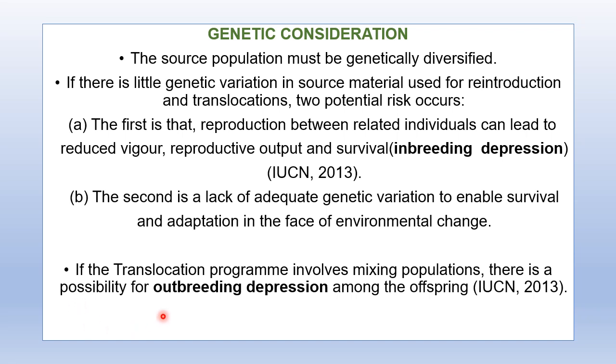When individuals from different subpopulations are brought together, new combinations of mating may occur, resulting in reduction of fitness of the offspring. So, too much or too little genetic variability among parents can break down the fitness of the descendants. Hence, ongoing management is needed.